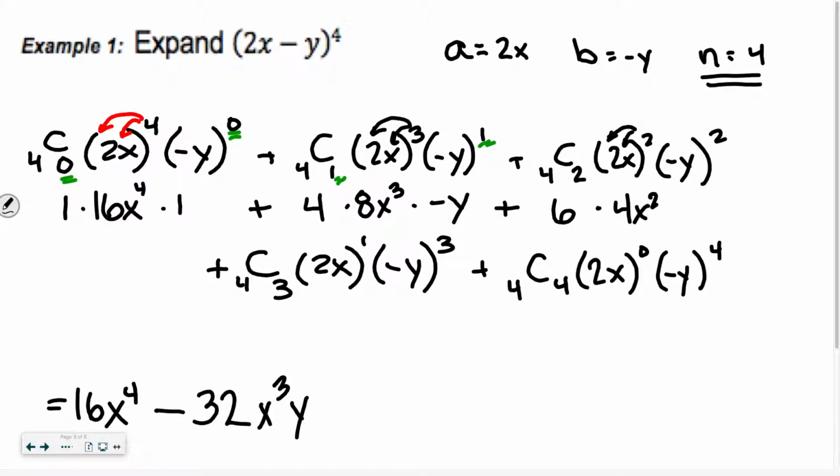Negative y times negative y. Y squared. So why is it a 1, 4, and 6? Those are combinations. Do it in your calculator. I'm doing combination 4 choose 0, combination 4 choose 1, combination 4 choose 2. Those are their numbers. That's now positive 24 x squared y squared.